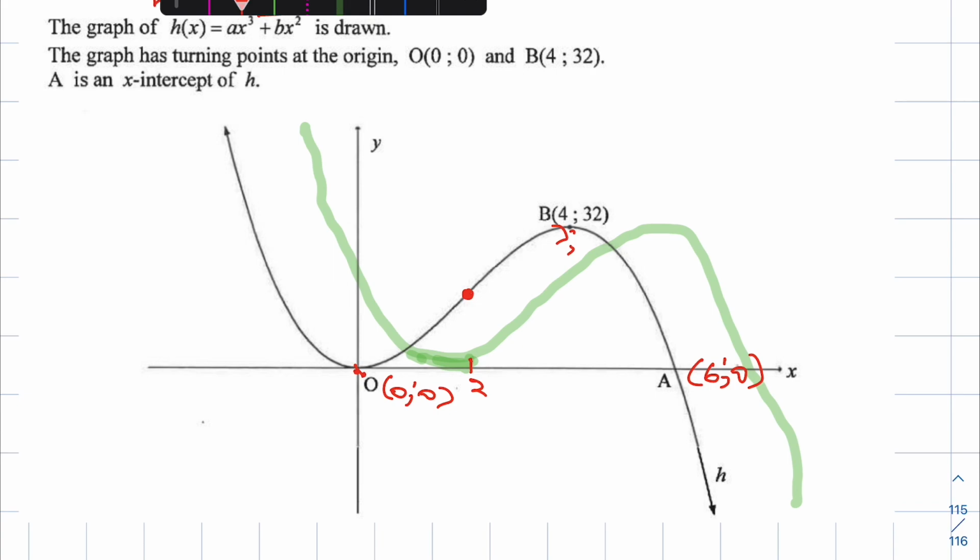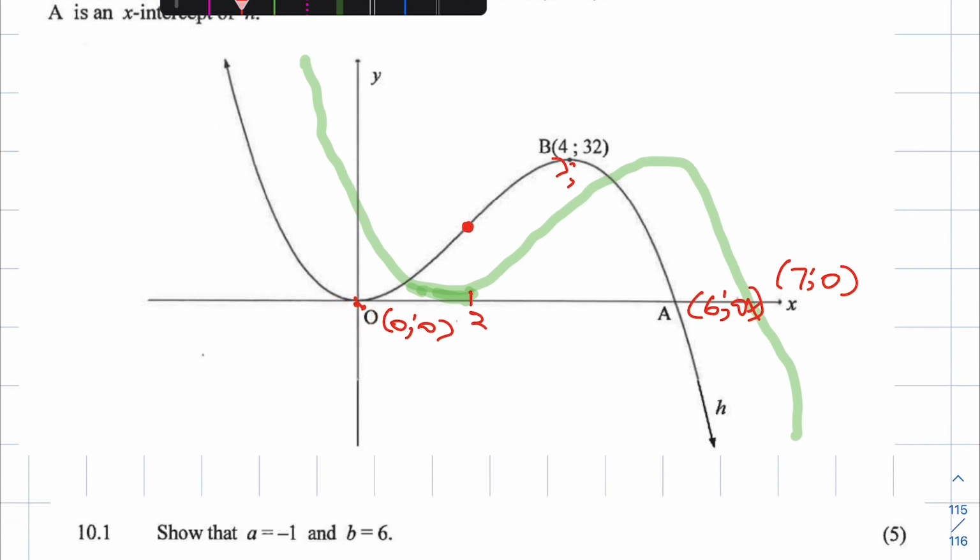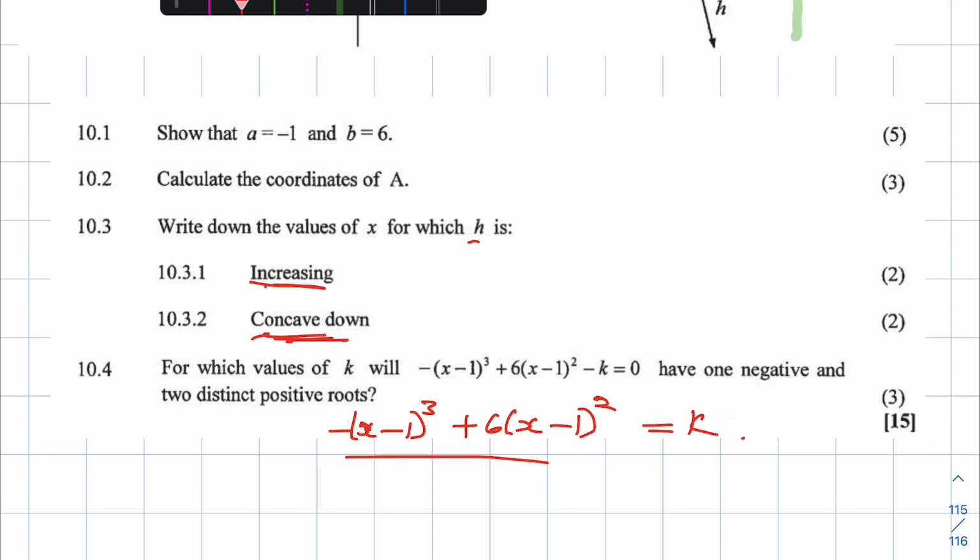So what we have here, this x-intercept now, instead of being 6 and 0, is going to be 7 and 0. Then the y-intercept, instead of being 0 and 0, now we're just going to substitute x to be 0 here, and then you'll get 7.